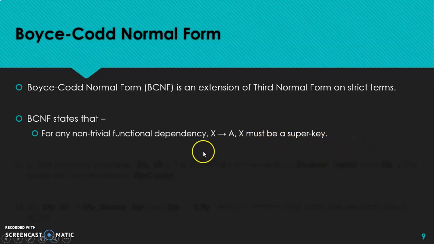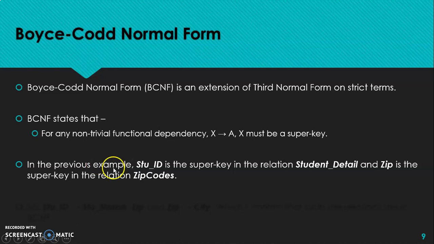X must be a super key. Like in the previous example, we have seen that student ID is a super key in the relation student detail and the zip is the super key in the relation zip code.